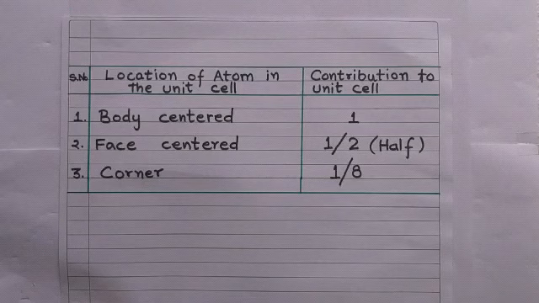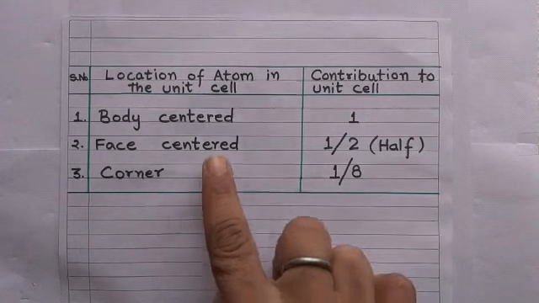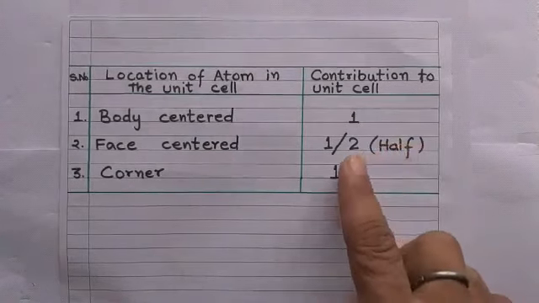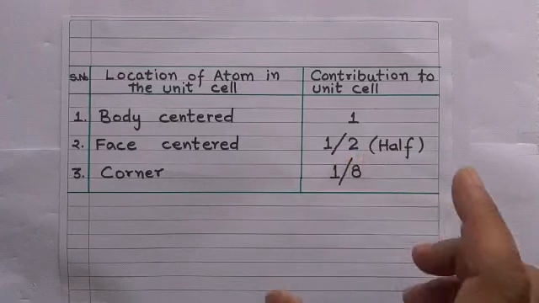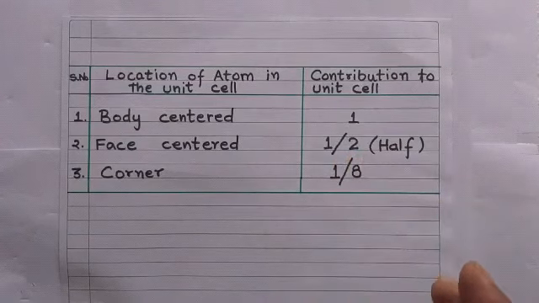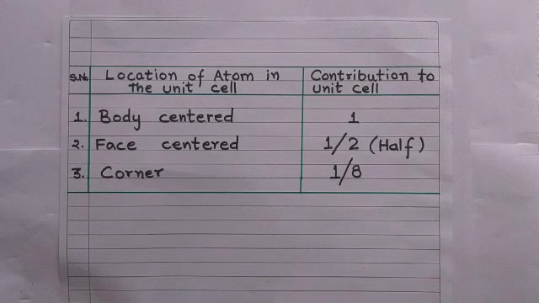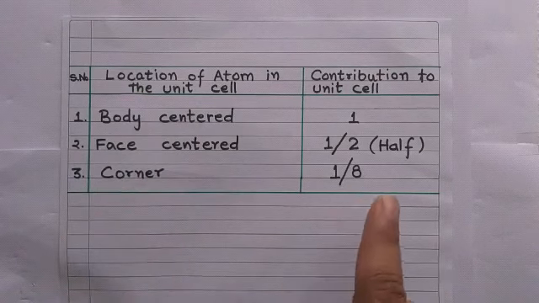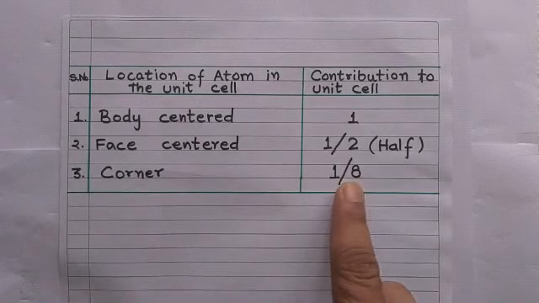If the atom is body centered, it will be contributing maximum, that is 1, and if it is face centered, in that case it is contributing how much? Half, because it is surrounded by 2 unit cells. And in case of an atom at the corner, it is contributing 1/8.